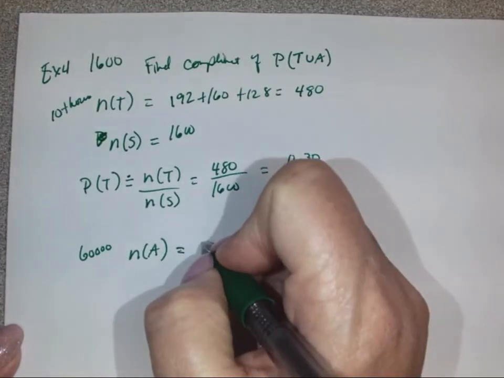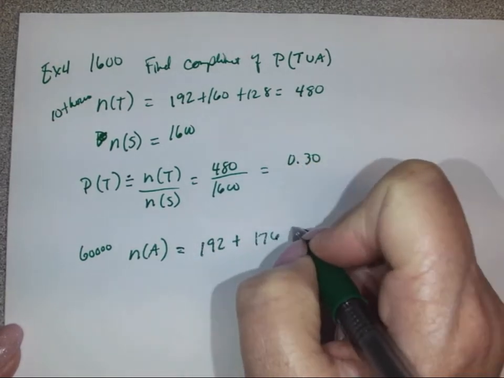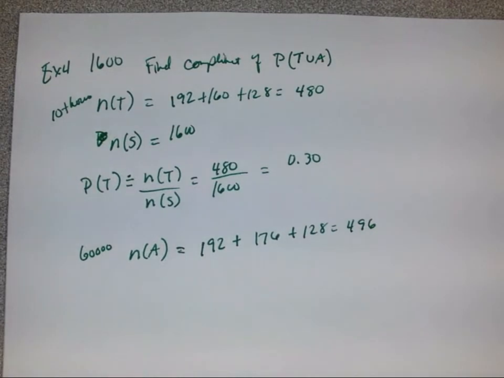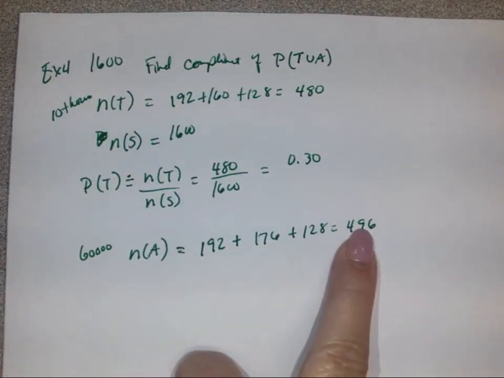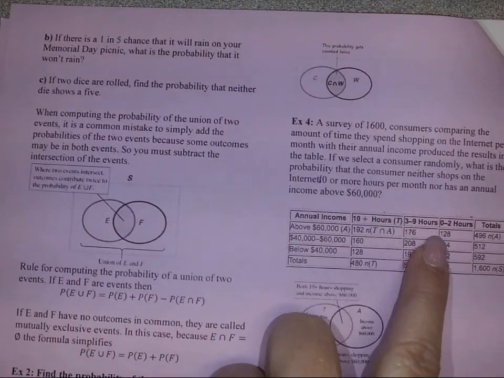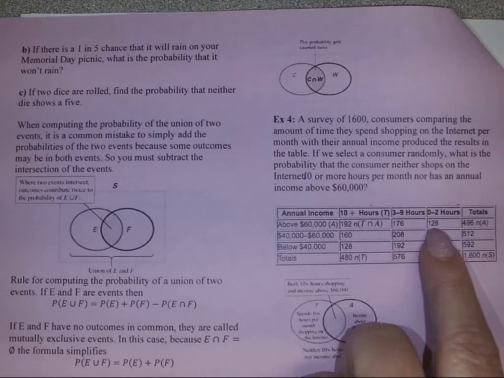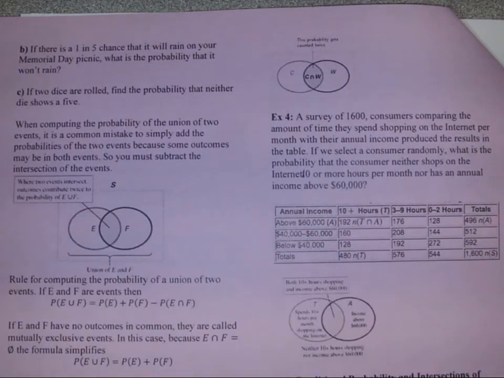So again, I want you to physically see it: 192, 176, and 128 equals 496. I'm trying to make sure you understand what's happening and where they're getting those totals, because if you just look at it, sometimes it's not as clear. They added this row to get here, and they added this column to get the total there.